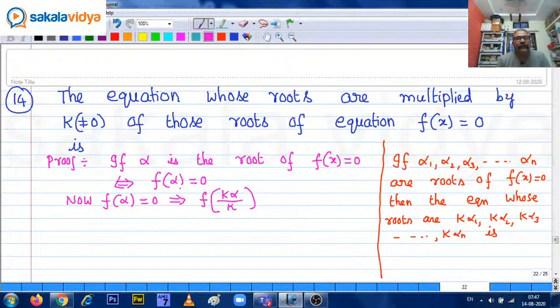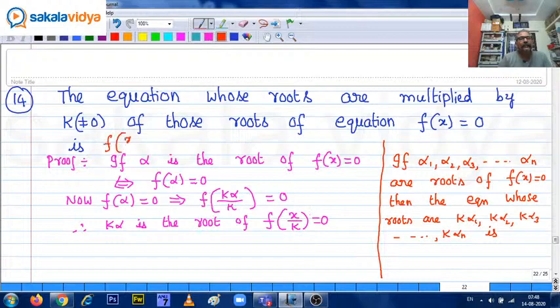See, if f of alpha is equal to 0, f of x is equal to 0. That means instead of k alpha you can substitute x now. So therefore we can write k alpha is the root of f of x by k equal to 0.